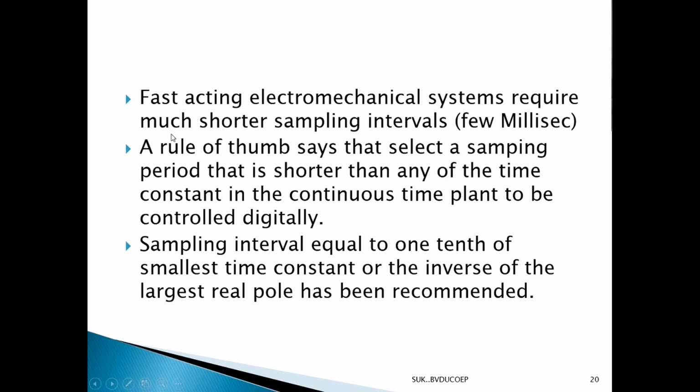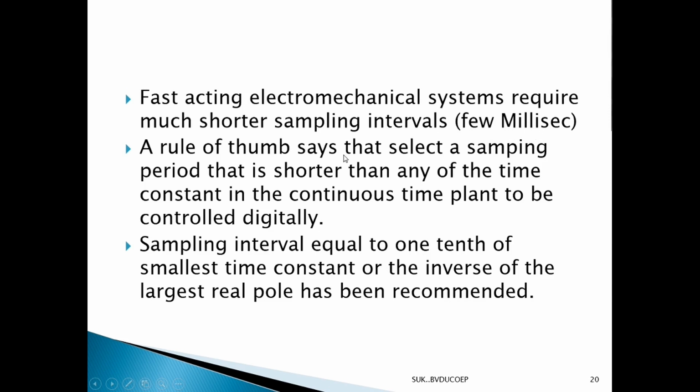Now you may see a number of things in digital signal processing, in which if you don't collect proper samples, then your system will not work properly. Therefore, when more samples are required, the sampling period is lower, of the order of milliseconds.